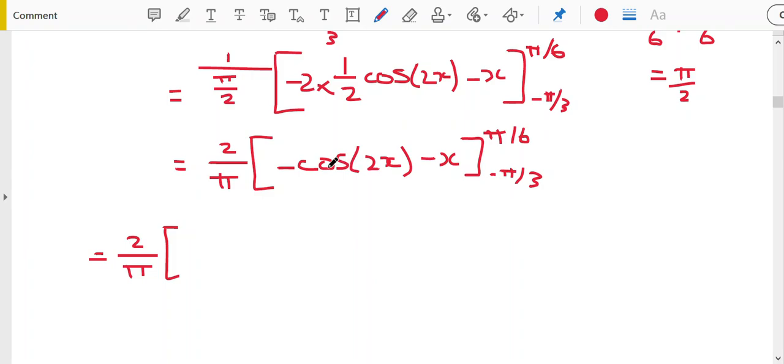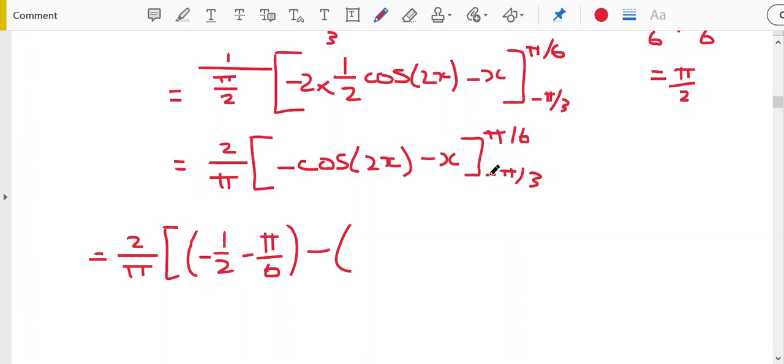And then we need to calculate negative cos of pi over 3. Now cos of pi over 3 is a half, so it'd be negative a half. Take away the pi over 6, then I substitute pi over 6 for x, that's the upper limit. Then I take away, now I substitute the lower limit in.